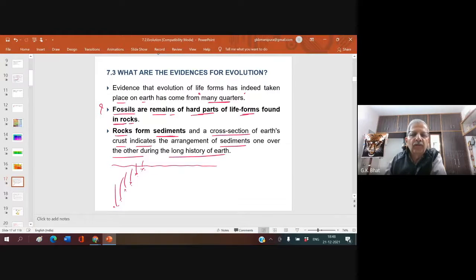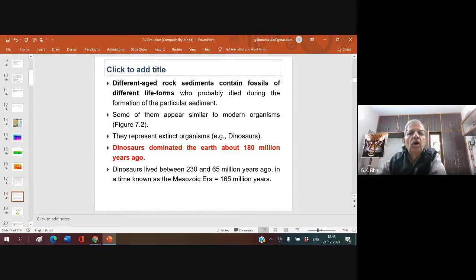Rocks form sediments, which in a cross-section indicate the arrangement of the life forms that existed there. So different aged rock sediments contain fossils of different life forms. Let us say that these are different depths, and you are coming across the sediment formation during different periods of life.